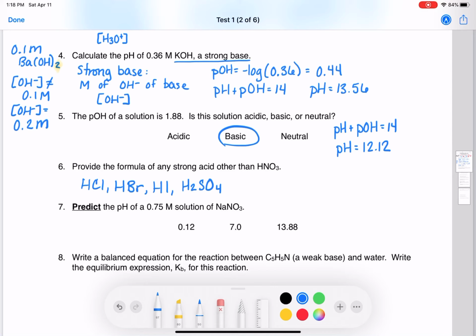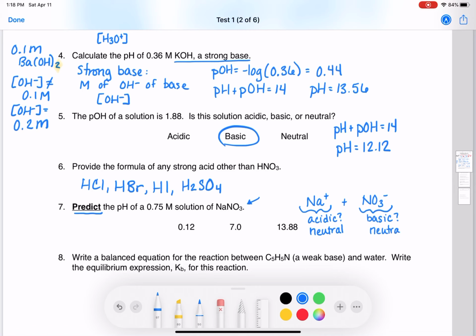Predict the pH. Predict, not calculate, the pH of a solution of sodium nitrate. So this is the question that's asking you to understand the acidity of the cation and the anion in this solution. Sodium nitrate is made up of sodium ions and nitrate ions, and here you need to ask yourself, with cations, remember cations can either be acidic or they can be neutral, and anions can either be basic or they can be neutral.